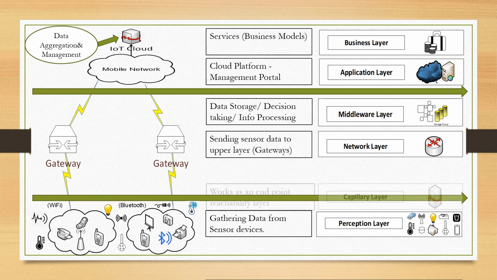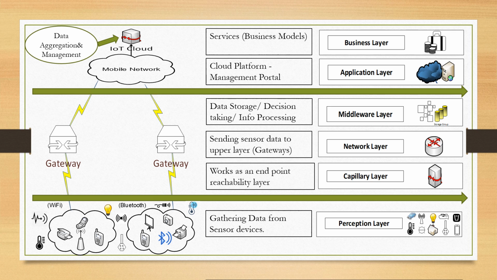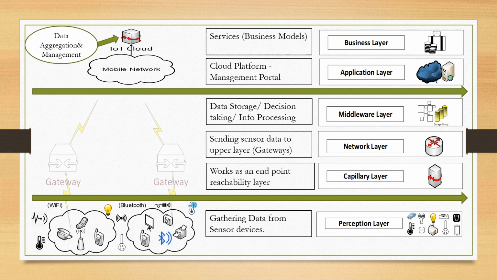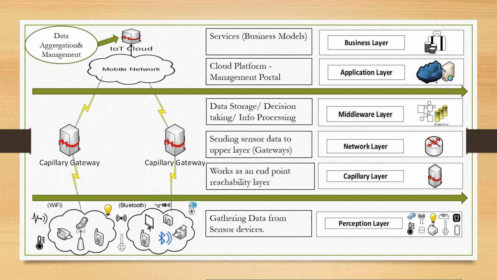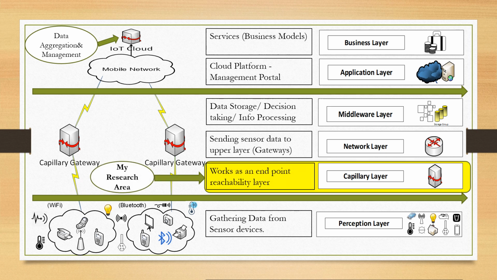And therefore, a new layer has been introduced, which is the capillary network layer, which works as an endpoint predictability layer, which has helped in solving these problems, and it is made of smarter gateways, which are called the capillary gateways, which is my research area.